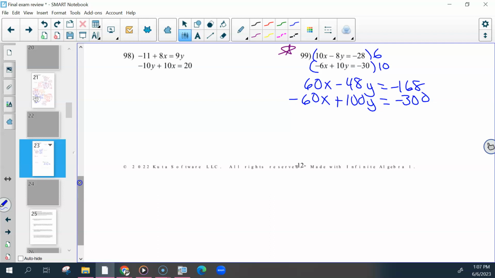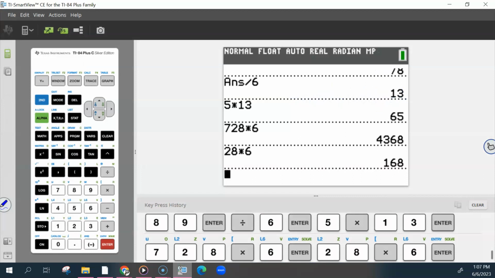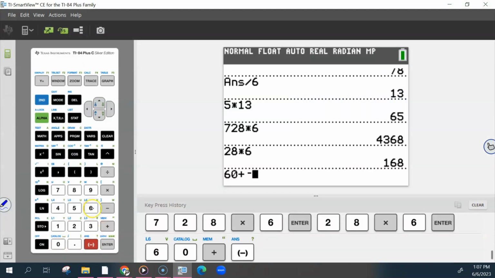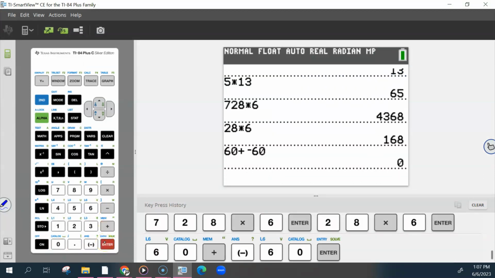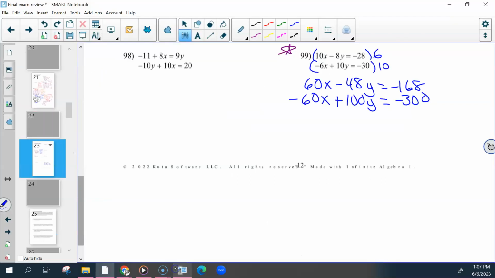And we have to figure out how to eliminate. 60 plus a negative 60 would eliminate, so I could add the two equations together. So 60 plus a negative 60 would just become 0.